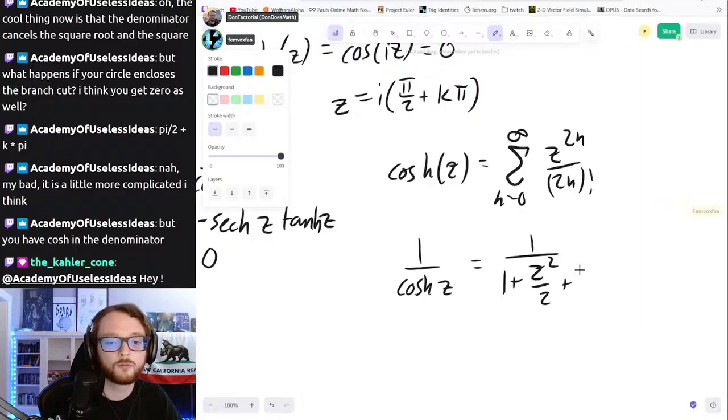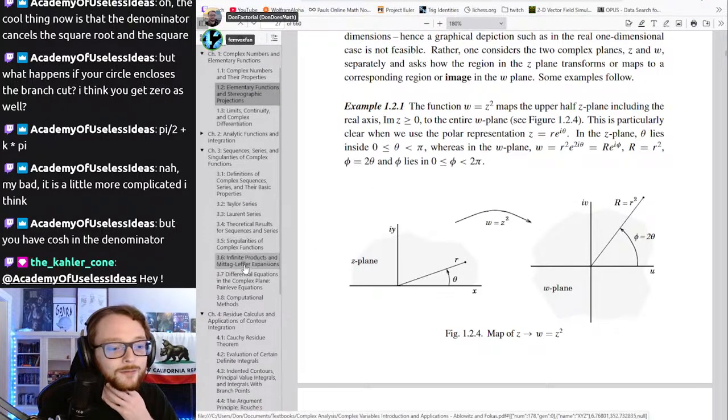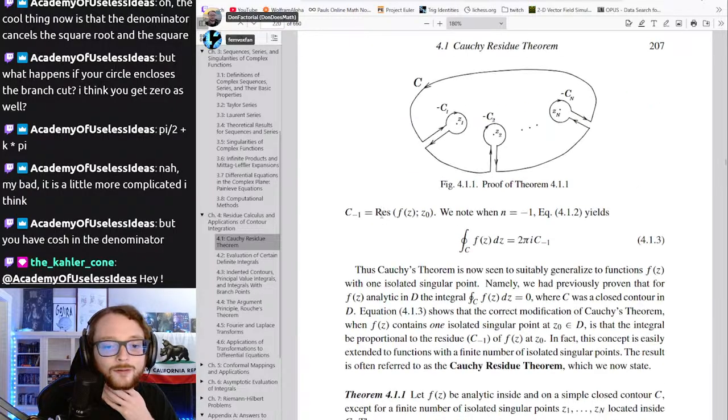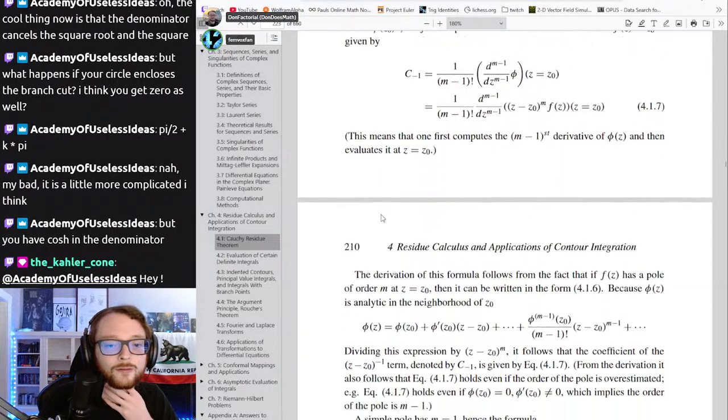So we're going to get 0 over 0, but then maybe we can hit it with L'Hopital's rule, and maybe that'll help. Wait, what limit are you taking? I am thinking. Okay, where's the book?